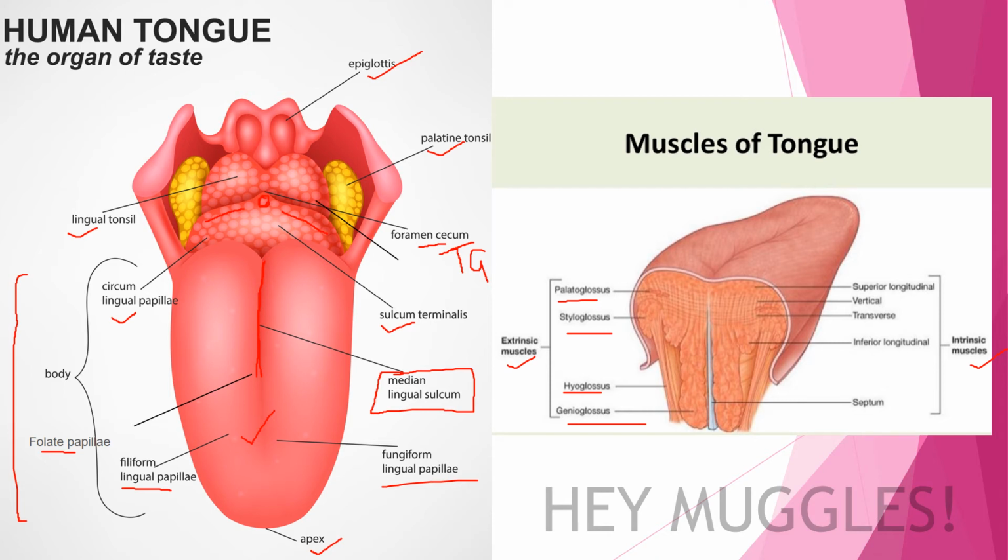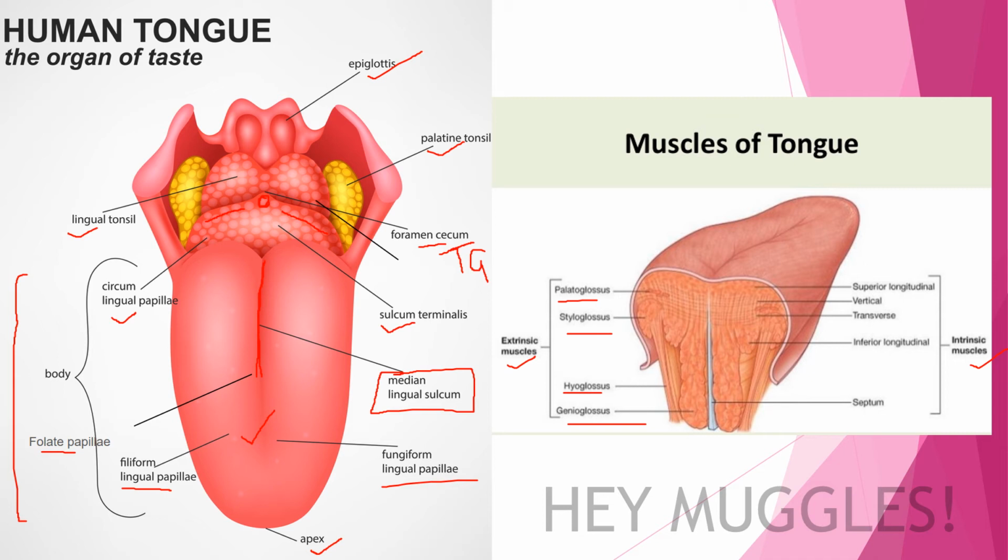If there were relaxation of genioglossus, the tongue would block the upper airway, leading to apnea.